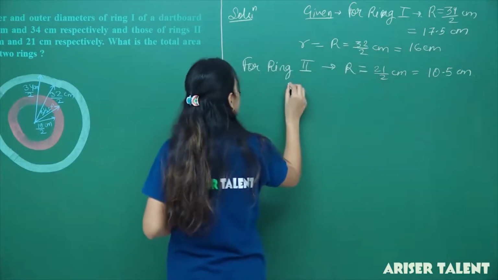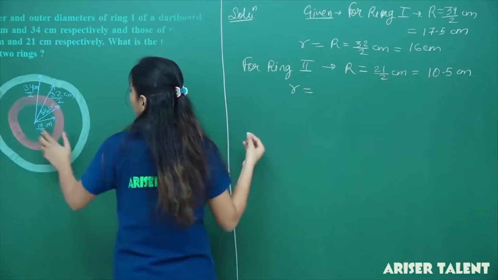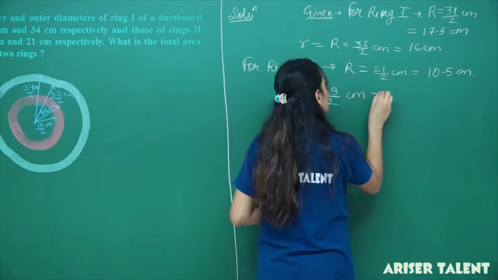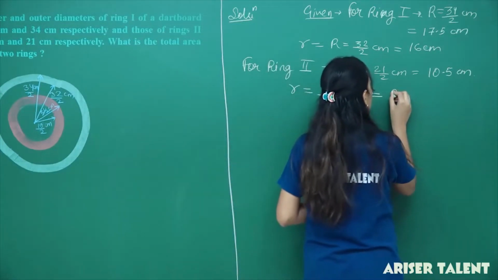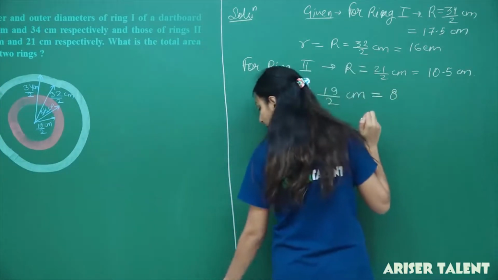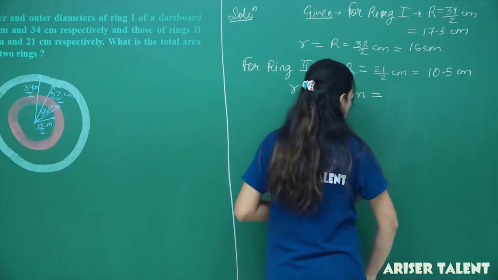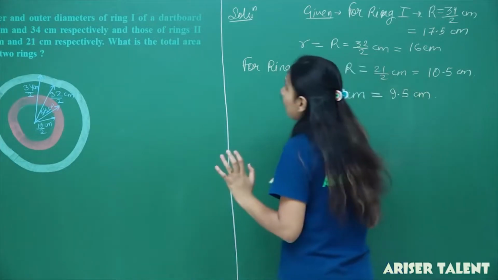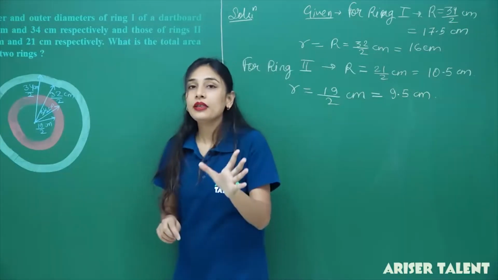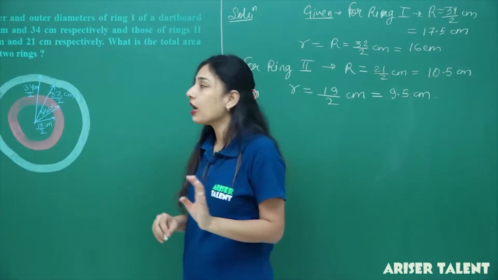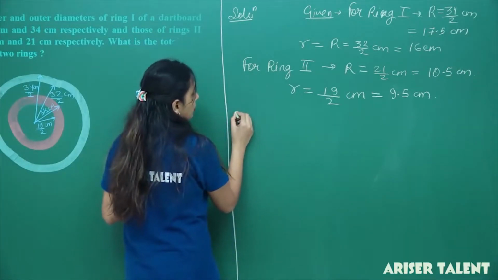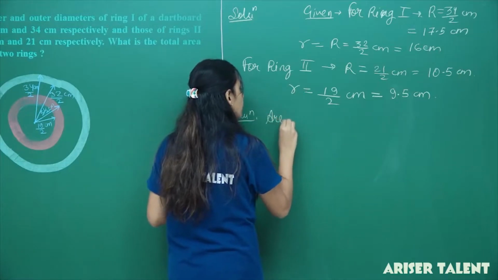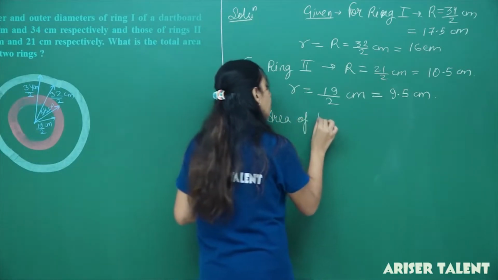That is your capital R. Small r will be 19 by 2 centimeters, which gives you 9.5 centimeters. Now you have been provided with all the R's, the capitals and the smaller. Now you can just have the solution here: area of both rings.